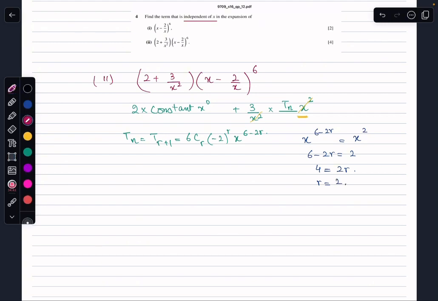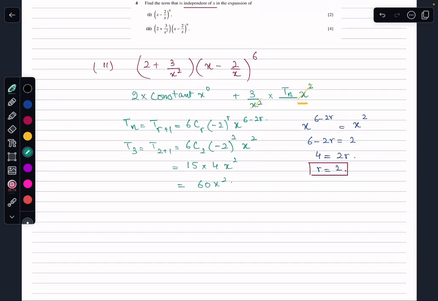With r as 2, it's going to be the third term which gives me the coefficient of x square. So T3, which equals T2 plus 1, is 6C2 negative 2 to the power of 2 and x square. 6C2 is 15 times 4x square, or 60x square.